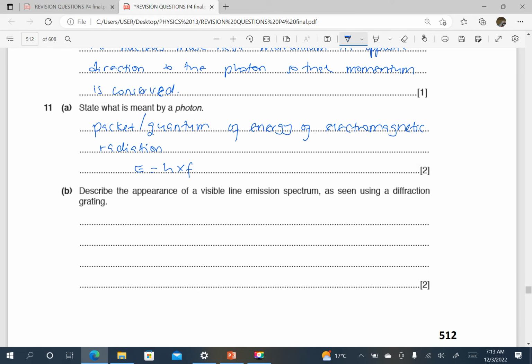Describe the appearance of a visible line spectrum. Visible line spectrum, those are going to be colored lines or bright lines, as seen using a diffraction grating. If it is a visible line emission spectrum, it is emission actually, not absorption. For emission, it is colored lines or bright lines on a darker background. For absorption, it is dark lines on a bright background.